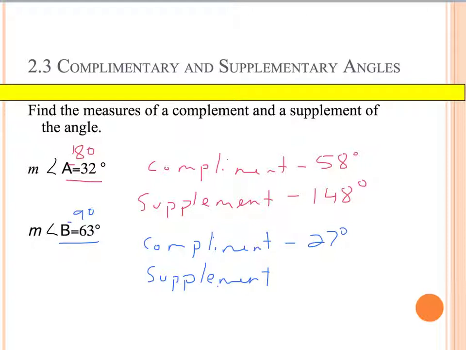And lastly, two angles that add up to equal 180 degrees are what kind of angles? Supplementary angles. So we know that the supplement of angle B, when we subtract 180 minus 63, is 117. Complementary angles, supplementary angles, know that stuff. Awesome.